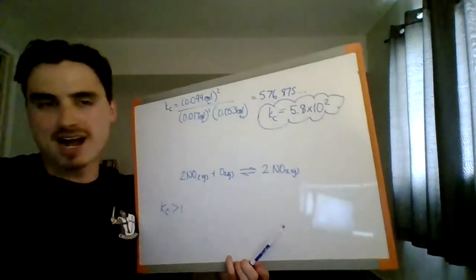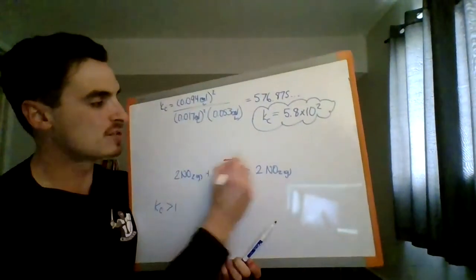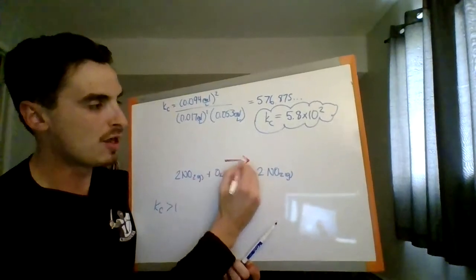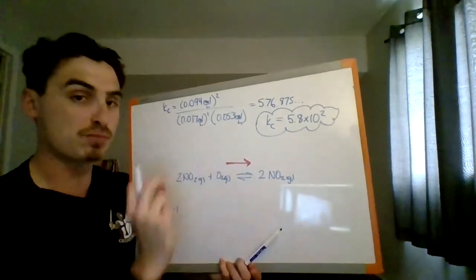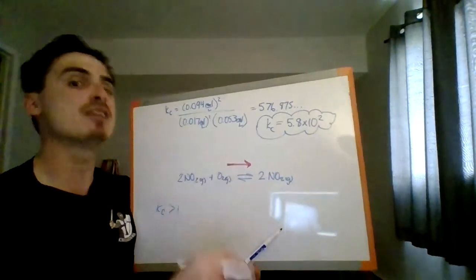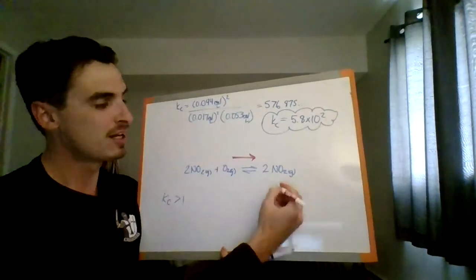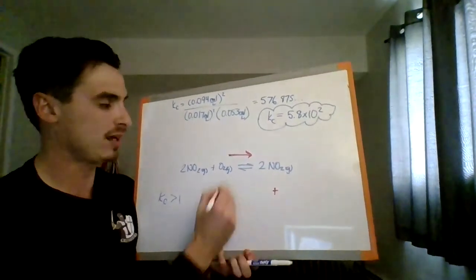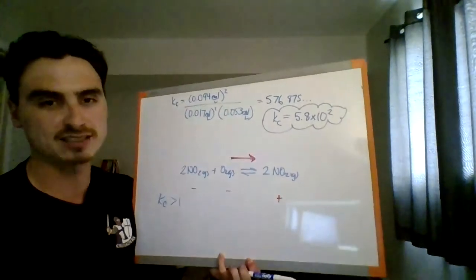So what that means, guys, is that the reaction is favoring the production of the products, which makes sense if you look at your ICE table, because your ICE table has products going up and it has reactants going down.